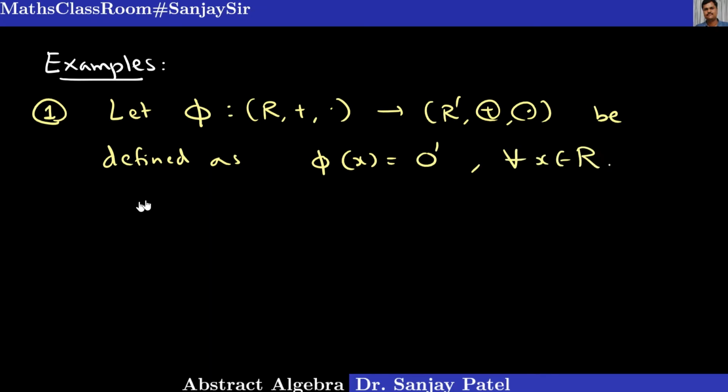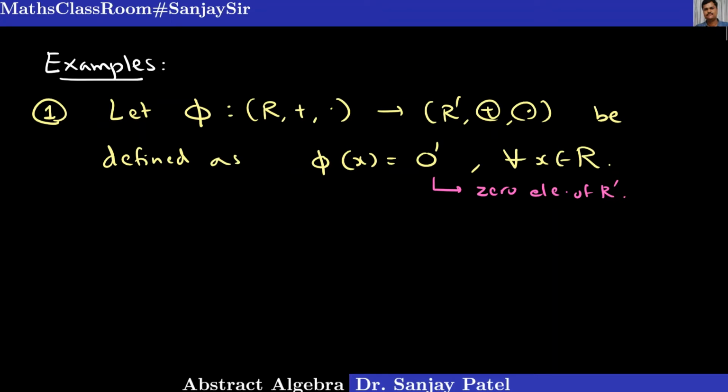So this function, or this mapping, takes all the elements of the domain set to the zero element. This 0' is the zero element of the codomain ring R'.